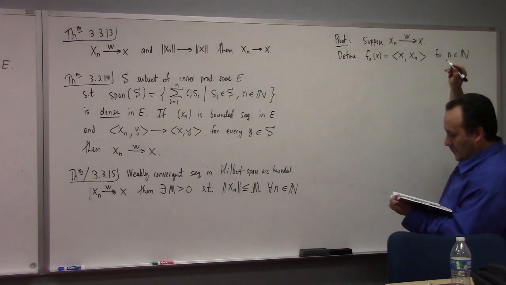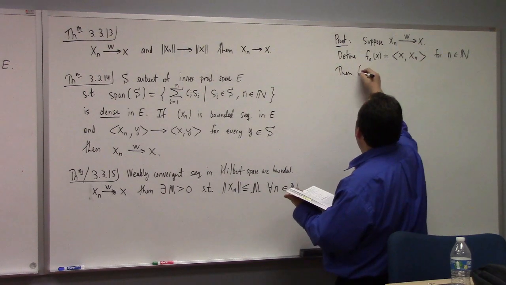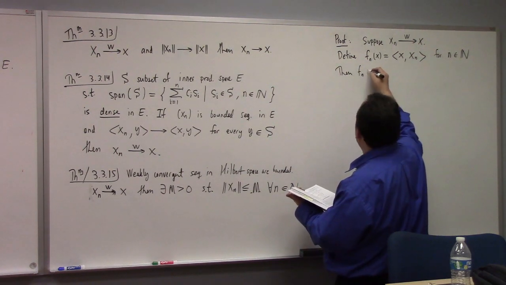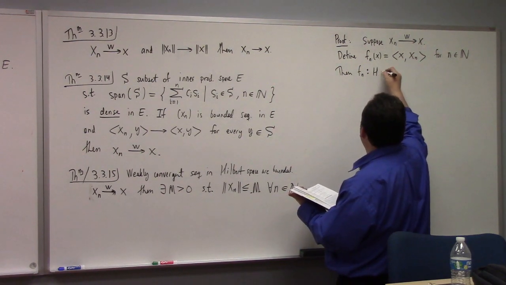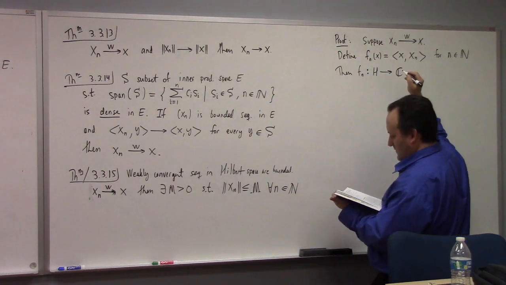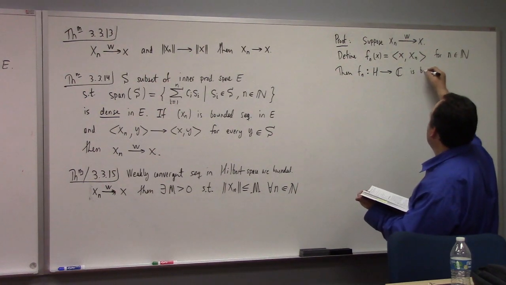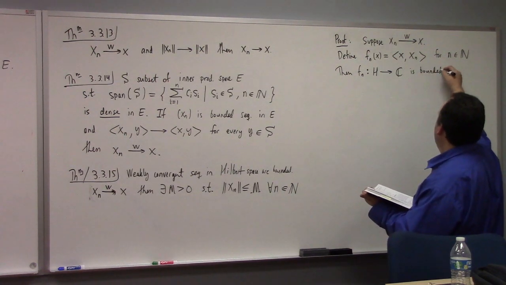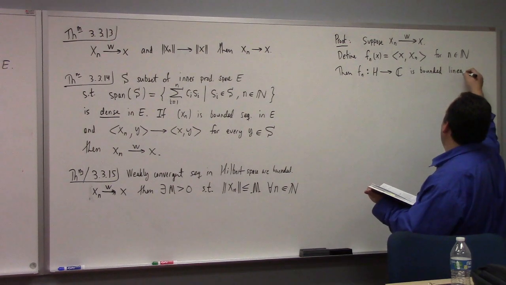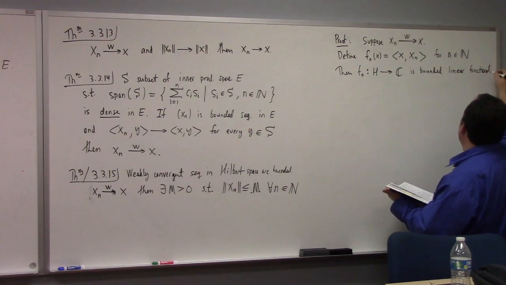He says then fn, if you look at it, is a mapping from the Hilbert space to the complex numbers. And he says it is a bounded linear functional.